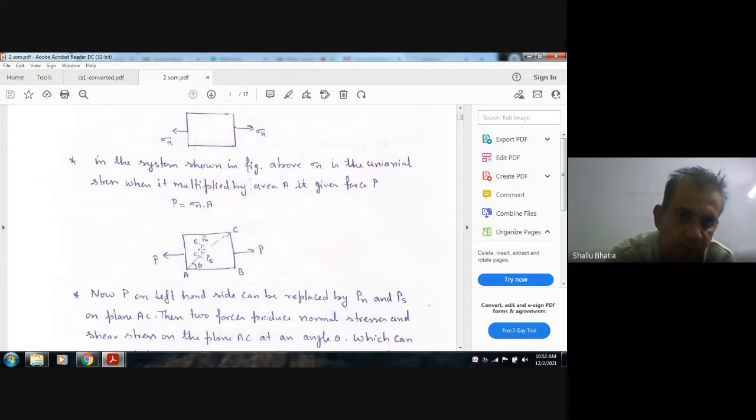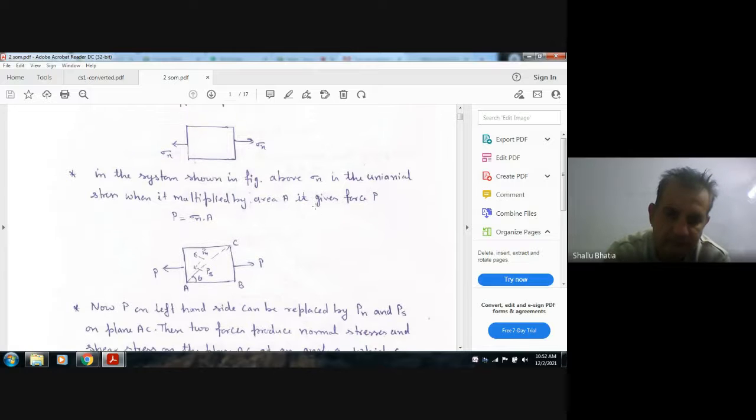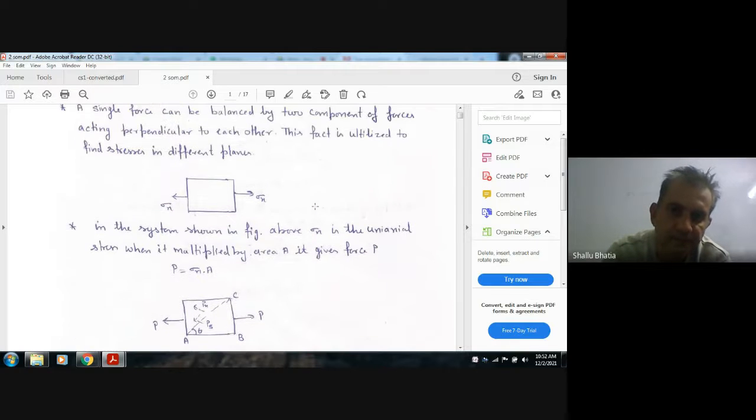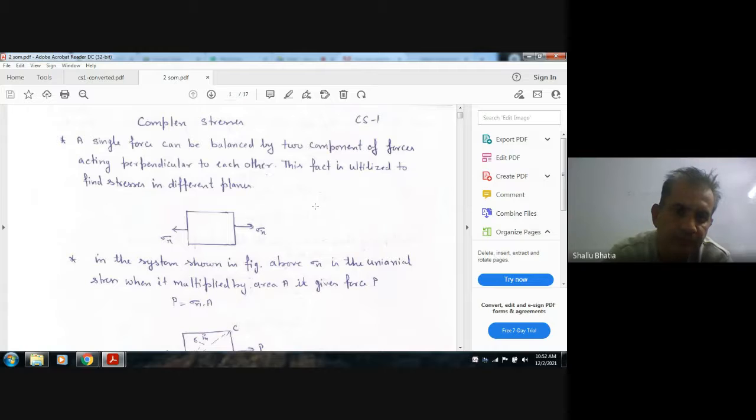Or we can say that this force P can be balanced by Pn and Ps, two different forces which are perpendicular to each other. This is the basic idea in this chapter, and it will be used to find out the stresses in different planes.